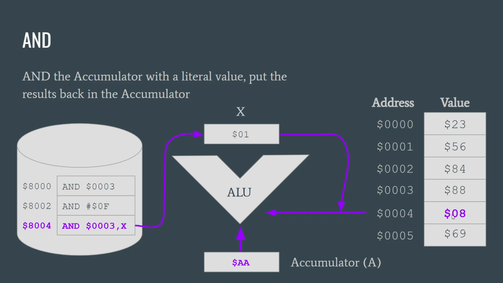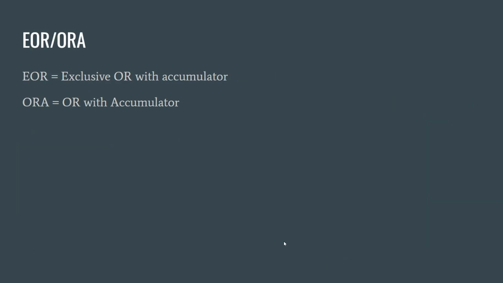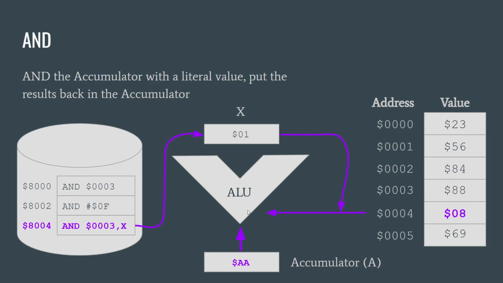So the value at address 4 is going to go to the ALU and get ANDed with the accumulator. Then the result of that operation is going to get written back to the accumulator. I don't have a slide showing the result here, but it's a good opportunity for you to go off and try it yourself.